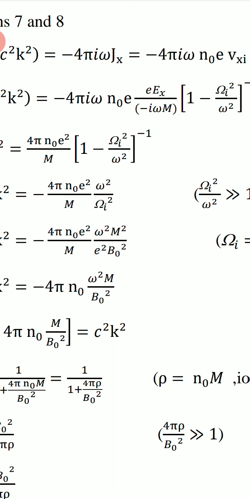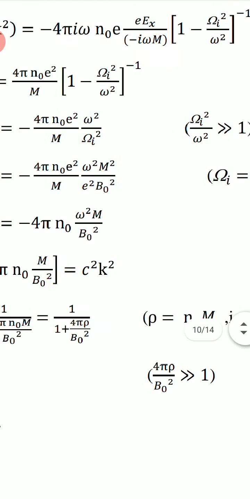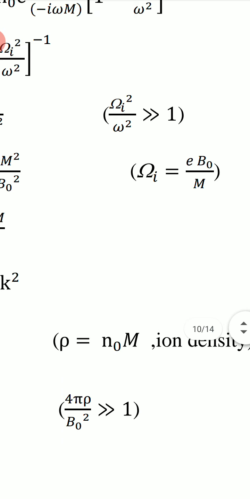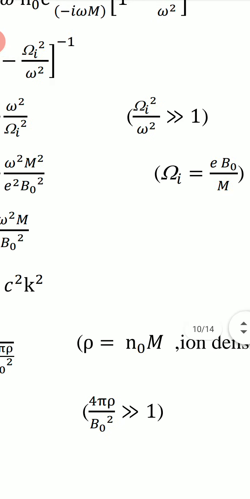And since the frequency of oscillations of ions in plasma, which is omega, is much less than the ion cyclotron frequency, we have ion cyclotron frequency omega_i much greater than omega. So we have omega_i square upon omega square much greater than 1.